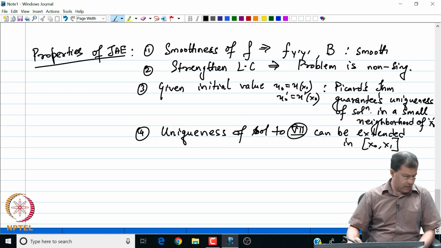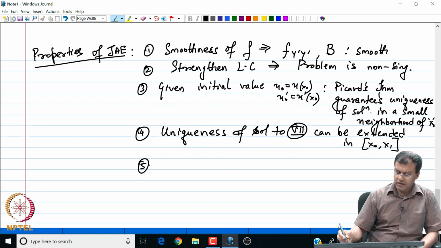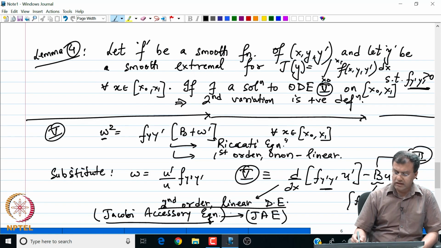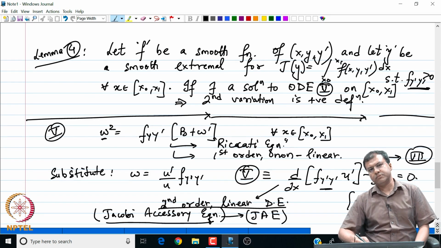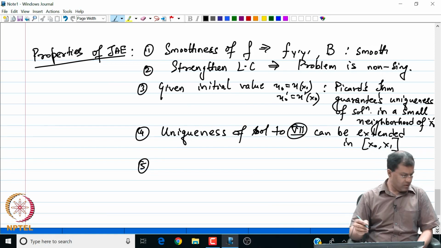Finally, another property: note that the Jacobi accessory equation is a second order linear differential equation, which means that there will be two linearly independent solutions, and any linear combination of the two linearly independent solutions will also be a solution to this equation. So, we get a family of solutions.